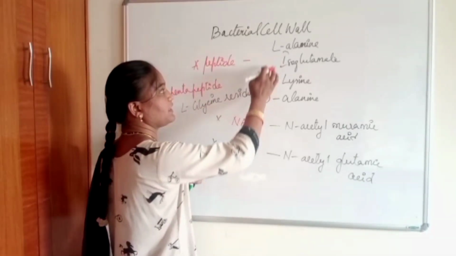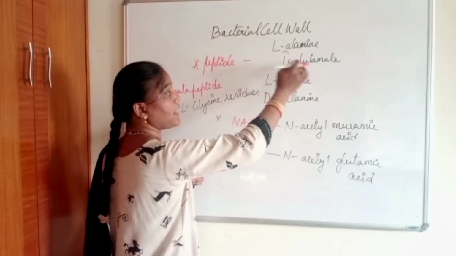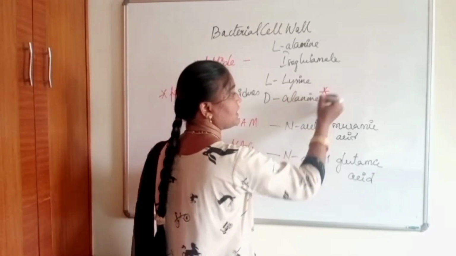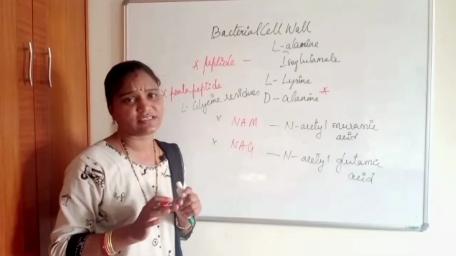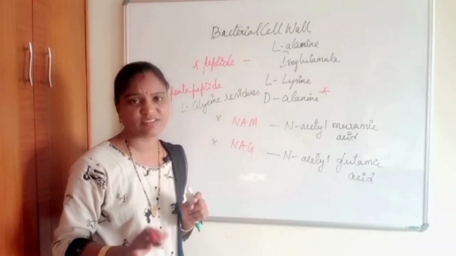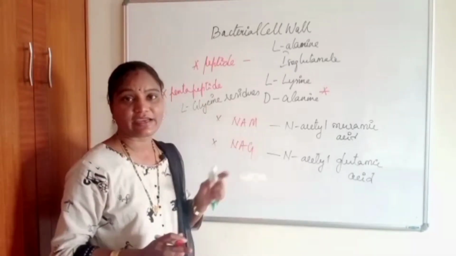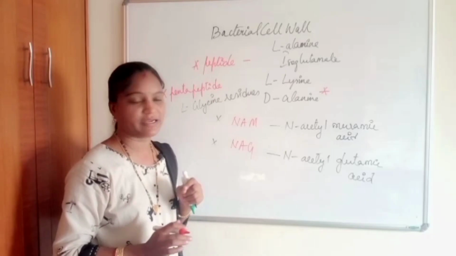This peptide linkage is made of four amino acids: L-alanine, isoglutamate, L-lysine and D-alanine. The D form is not present in the cell walls of most living organisms, but exceptionally in bacteria the D form of alanine is present to make up the peptide linkage.